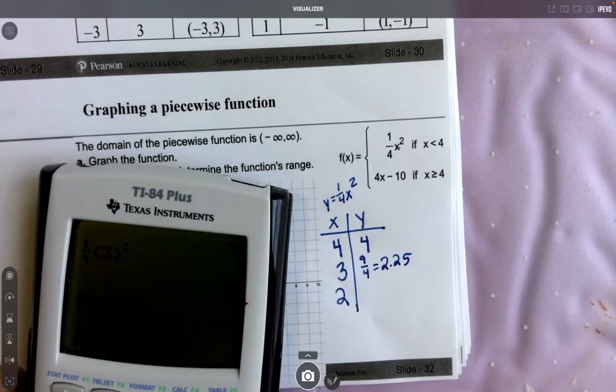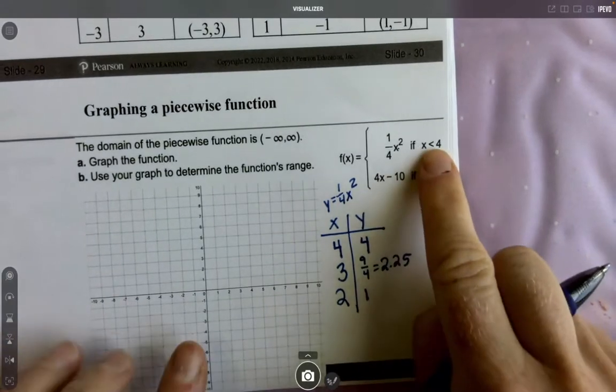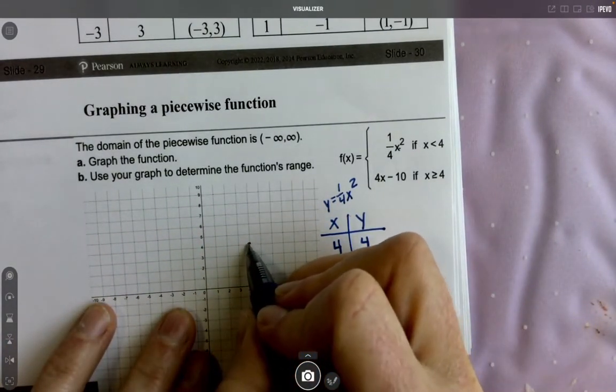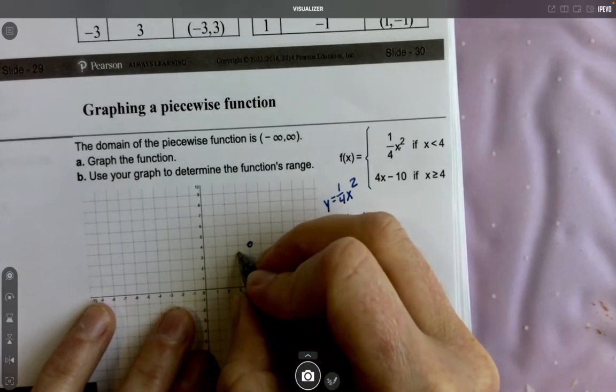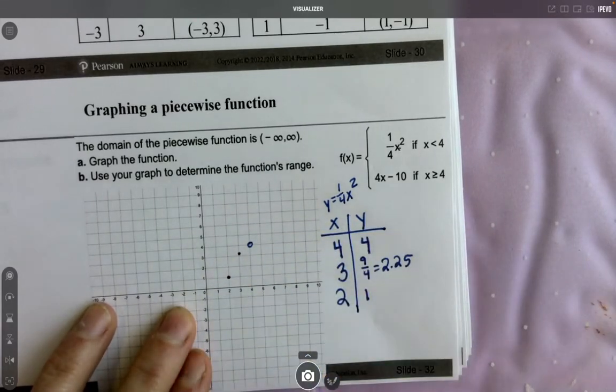And then plug in a 2 here. Equals 1. And this will be an open circle on 4, 4. So go 4 up to 4. 3, 2.25. 2, 1.